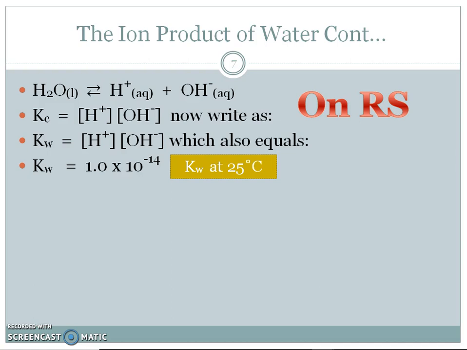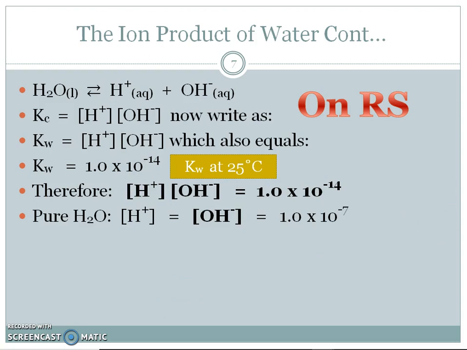So we want to remember that our equilibrium constants are temperature dependent. So I do have to tell you that it's at 25 degrees. This is equal to this value. So therefore, if we rearrange, we can get that pure water has H+ equal to OH-.